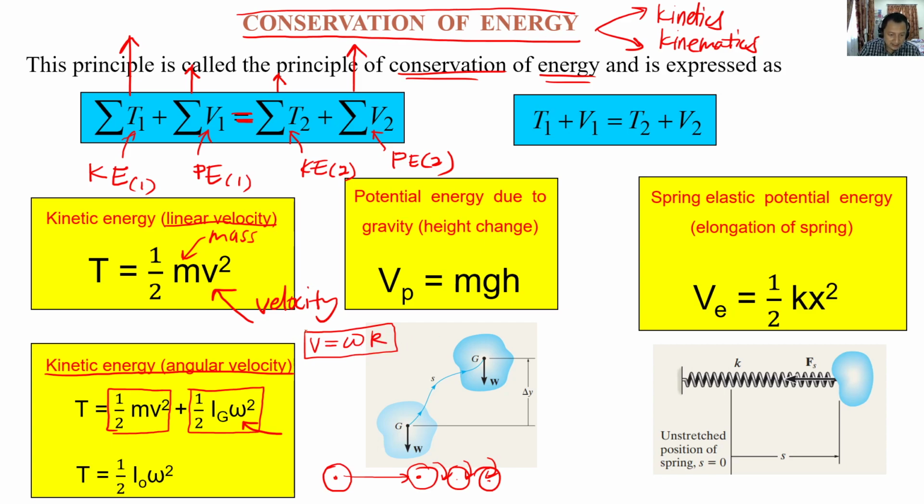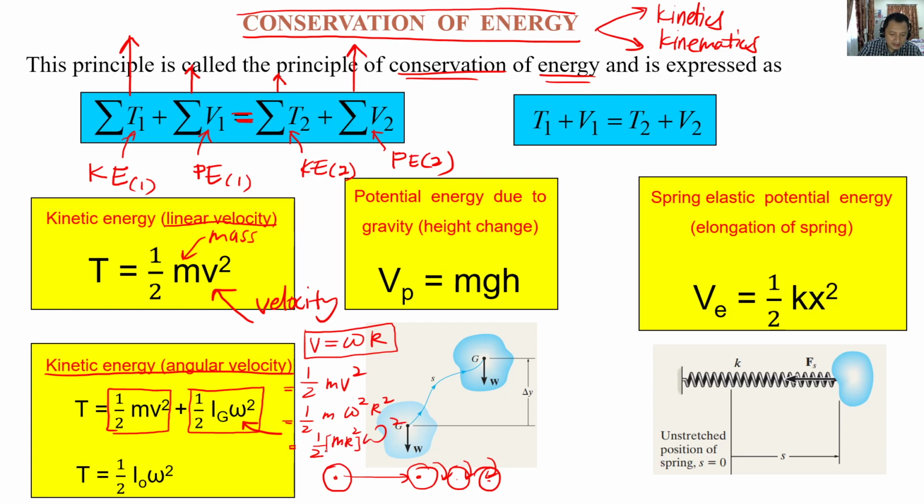This part we will learn later on. So if V is equal to omega r, you can plug in half mv squared. This becomes half m omega squared r squared. You can also rephrase it to be half mr squared omega squared.